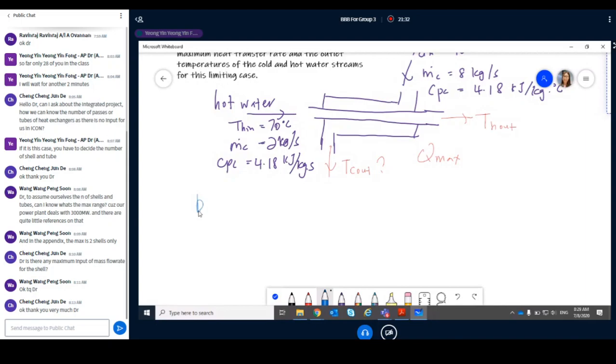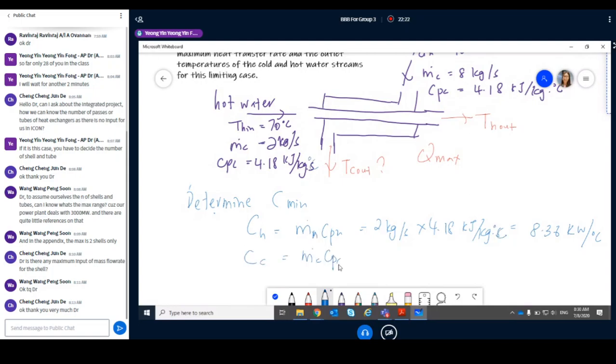So you will get, okay, this one is kilowatt per degree C, sorry. Then you need to get CC equals MC CPC. So it is equals to 33.4 kilowatt per degree C.